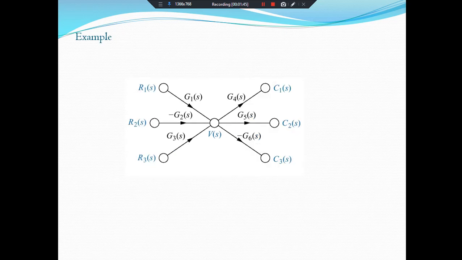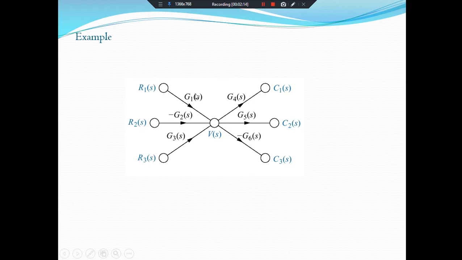Okay, let's take an example. Here, these nodes, as I told you earlier: this is the signal R1, this is another signal R2, this is signal R3, and all the signals are coming at V(s). Between these signals there are branches, and branches represent the system.